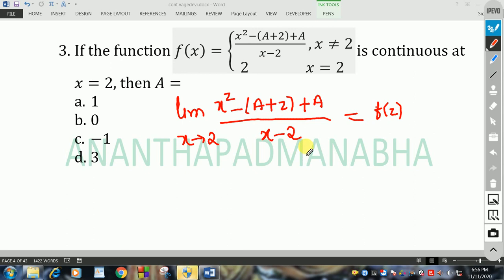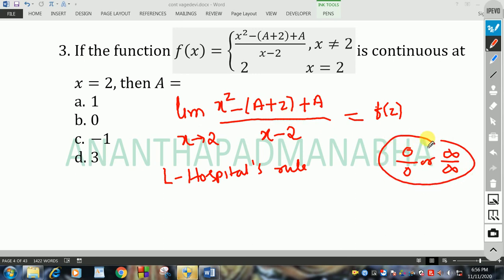So we have a rule called L'Hopital's rule. This rule can be applied to evaluate limits when they take either 0 by 0 form or infinity by infinity form. If the given limit is in this indeterminate form, we can apply L'Hopital's rule.